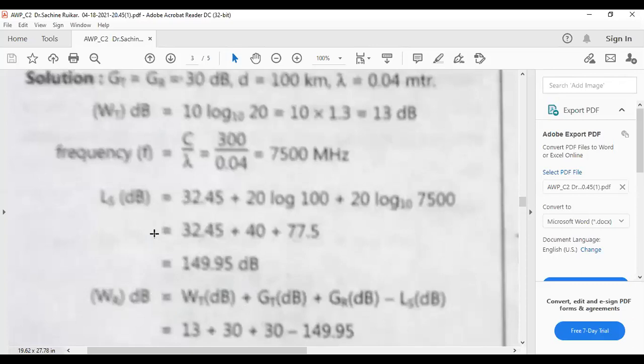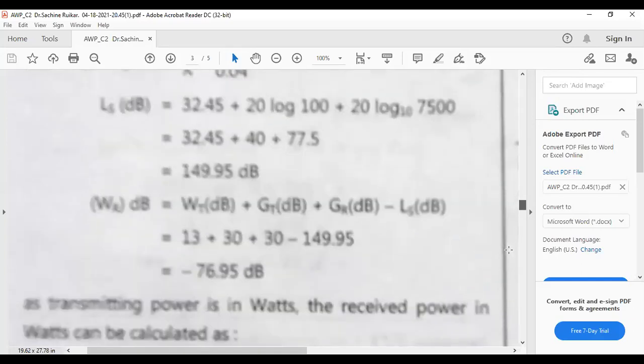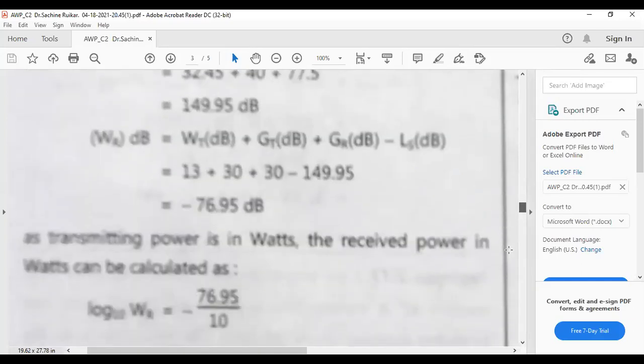Remember, be careful while you simplify the numerical: all must be in dB. If one is in watt and another is in other units, it is not possible, so convert and get them in one unit only. So here it will be 13, plus 30 given in the numerical, plus 30 again, minus 149.95. In this way you will get minus 76.95 dB.